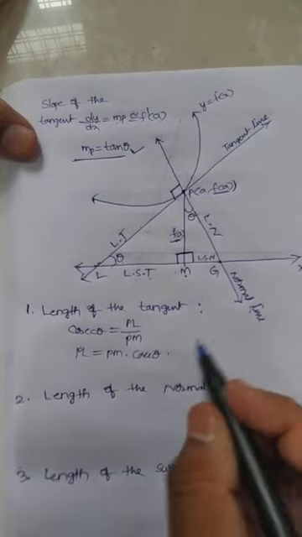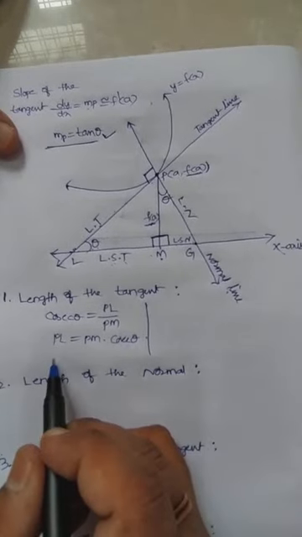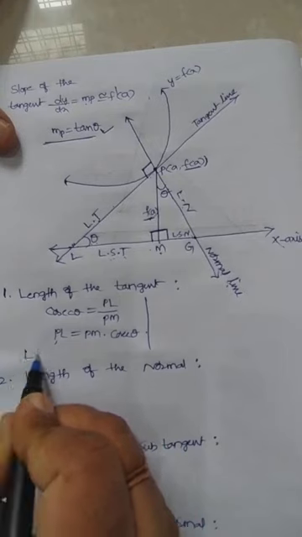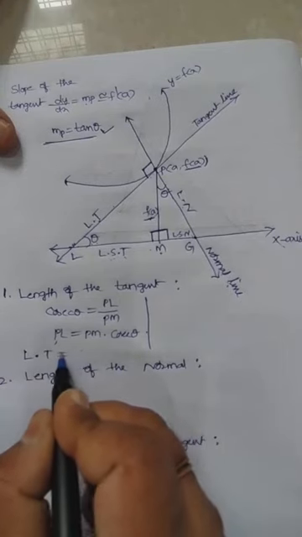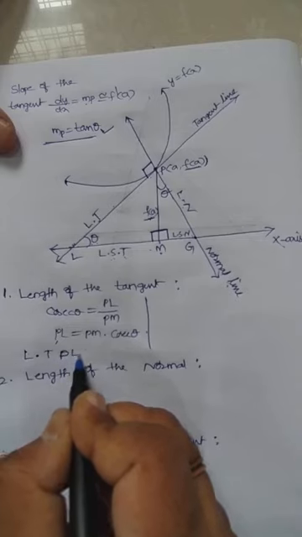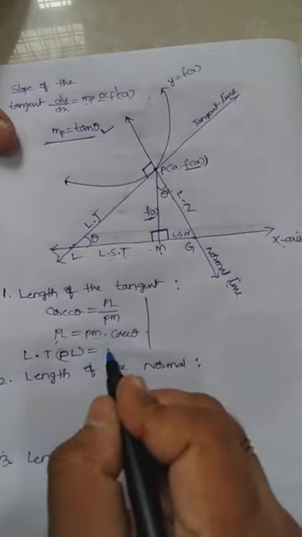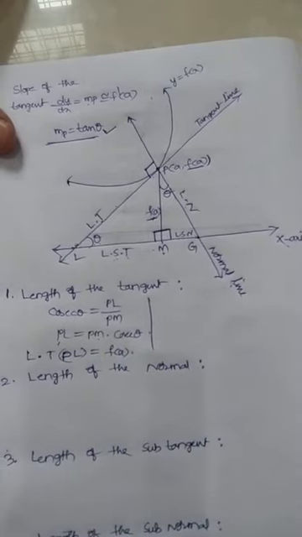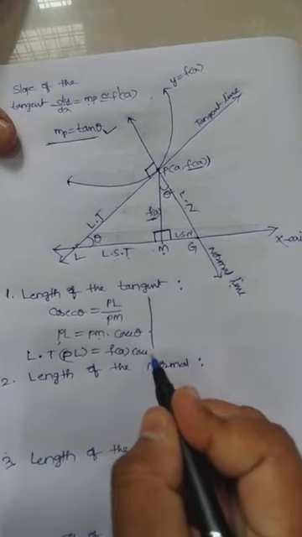So PL bar, the length of the tangent line, is equal to PM bar, which is f of a, times cosecant theta.